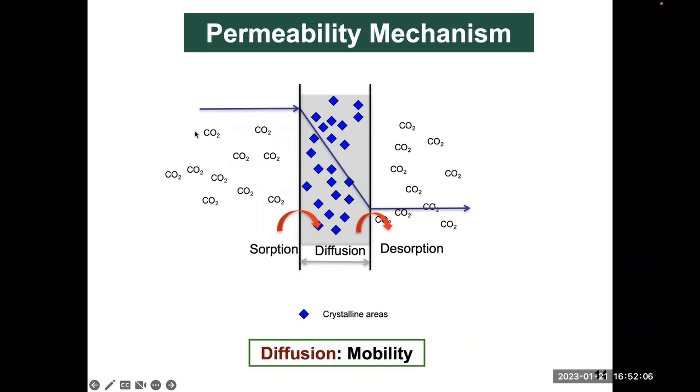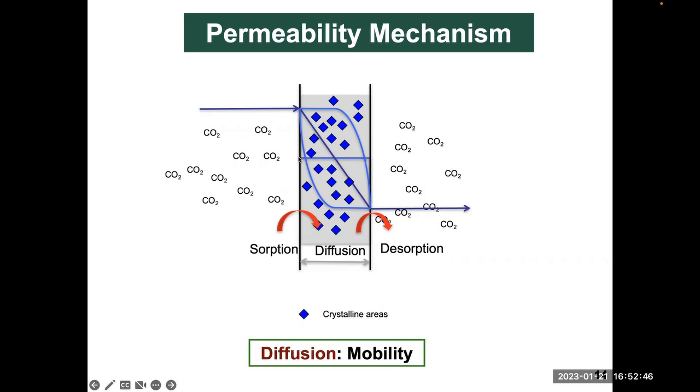Now for the molecules to permeate, the first thing that will occur is your carbon dioxide will bounce. It will strike the surface. Some of these molecules, they will bind with the surface, they will be sorbed, and then they will diffuse through the plastic film. So there is no well-defined path through which the molecules can go from the higher pressure side to the lower pressure side. They will try to make their way through.